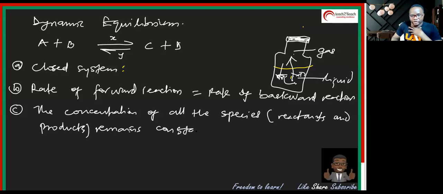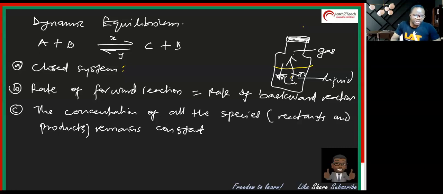So these three conditions give rise to what we call dynamic equilibrium. So we are saying that if a system is at equilibrium, the rate of forward reaction is equal to the rate of backward reaction, and the concentrations of A, B, C, and D will remain unchanged, or the ratio of the concentrations will remain constant. At that point, we say that a system is at equilibrium.